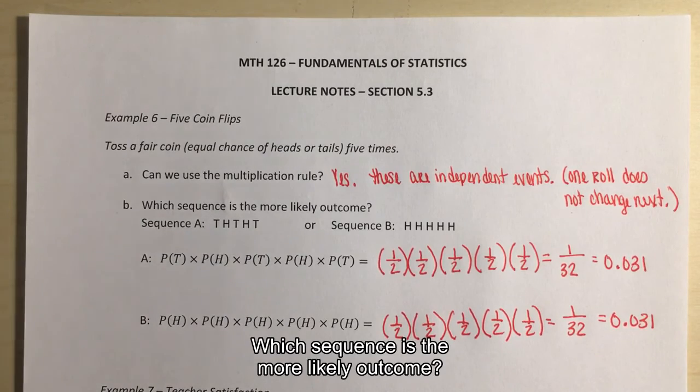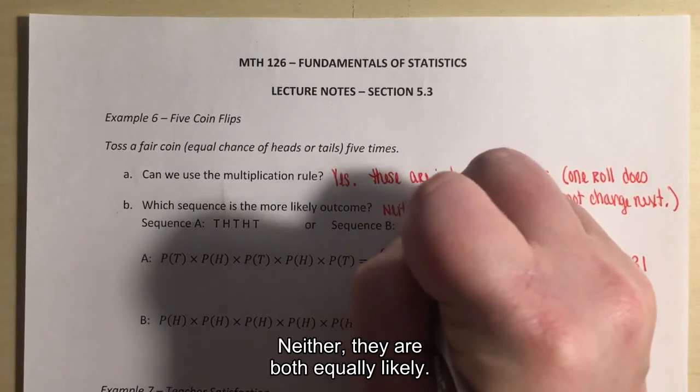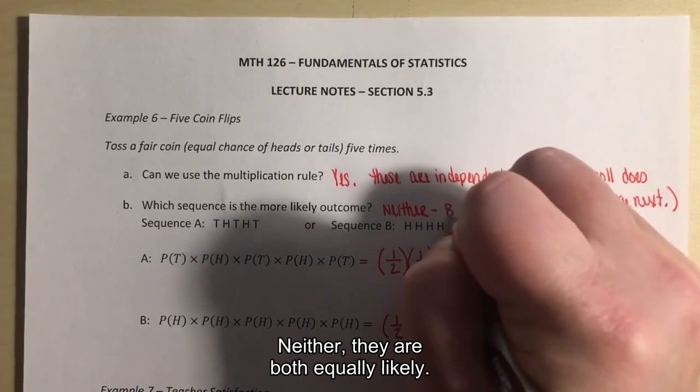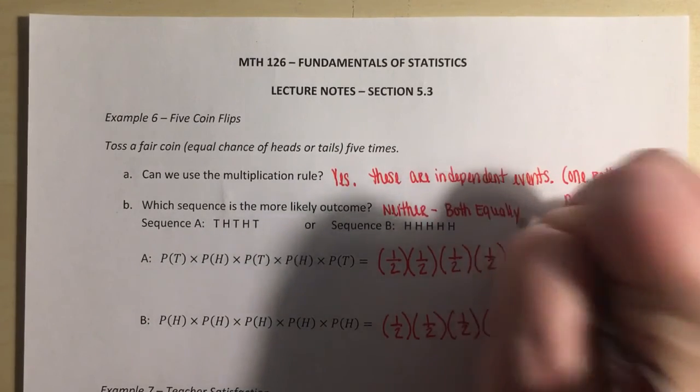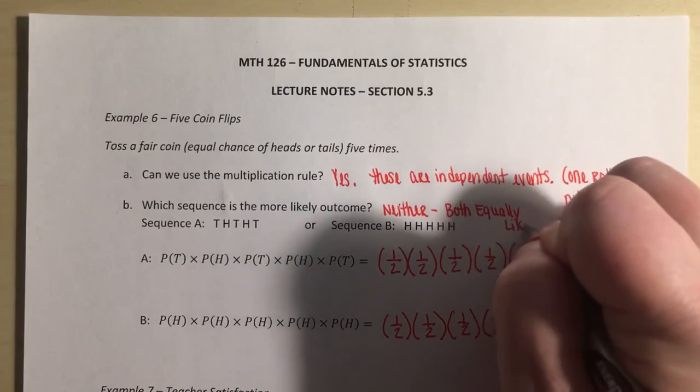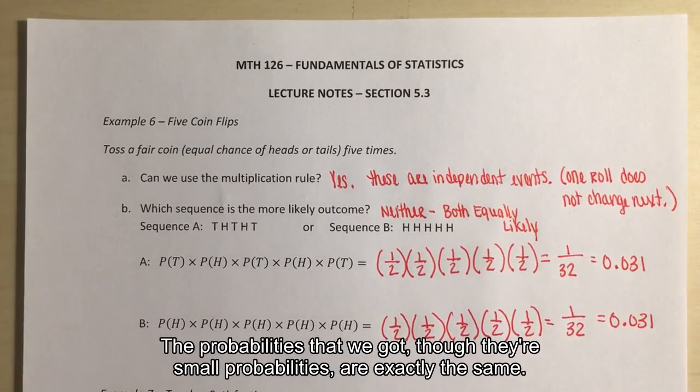Which sequence is the more likely outcome? Neither. They are both equally likely. Right, the probabilities that we got, though they're small probabilities, are exactly the same.